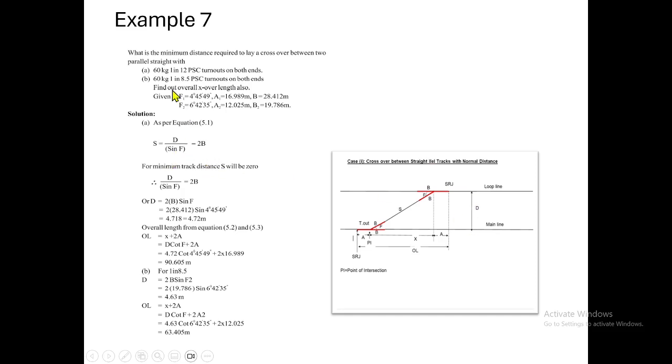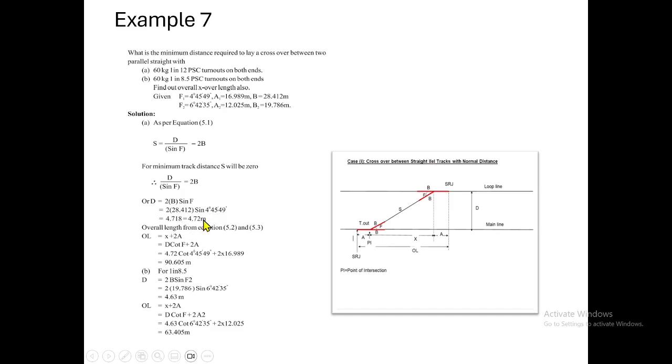So here, for example, for the first case, 60 kg 1 in 12 points and crossing, we are using this formula to find out D. So D equal to 2B sin phi. Substituting all the values of B and sin phi, we are getting 4.72 meters.